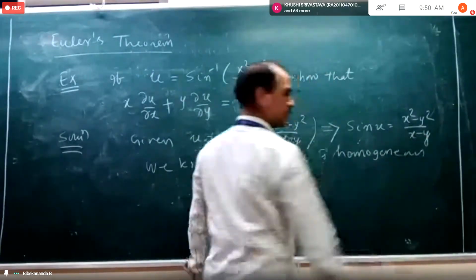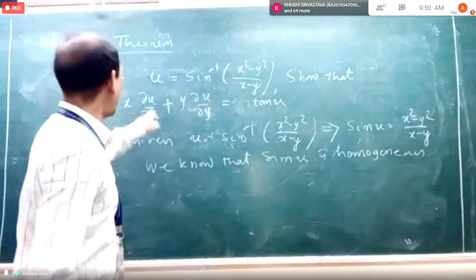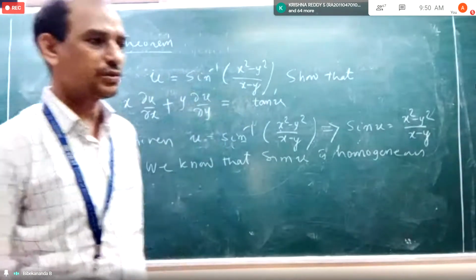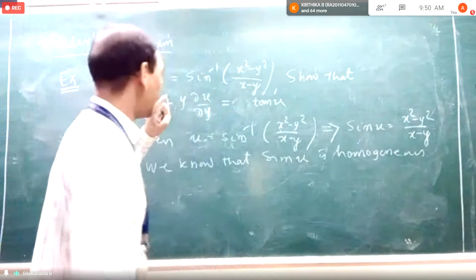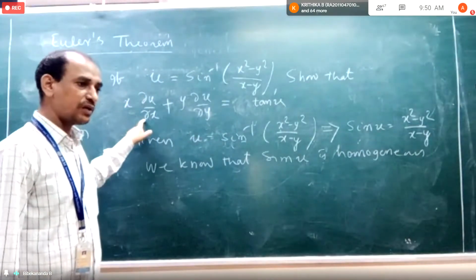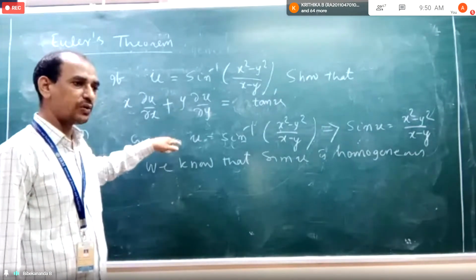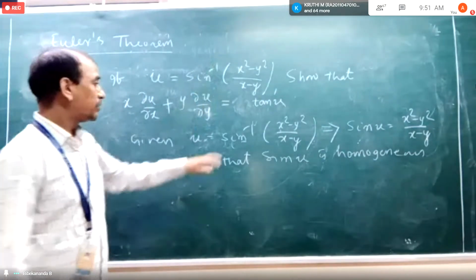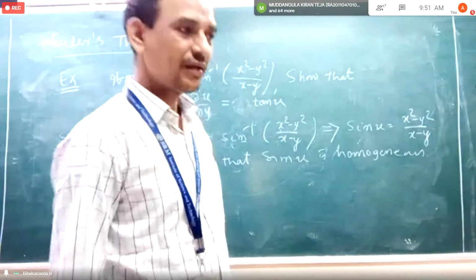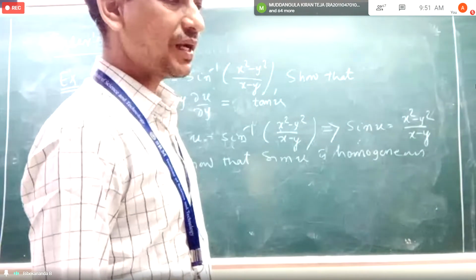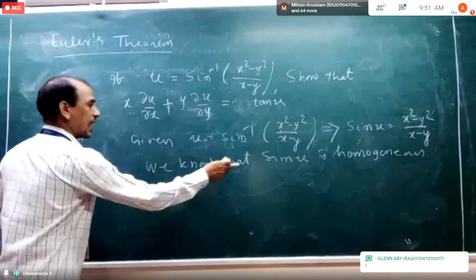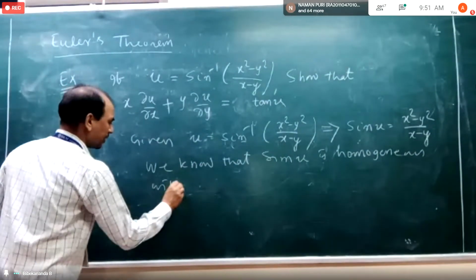If u is homogeneous, we write x into dou u by dou x plus y into dou u by dou y is equal to n into u. So here sin u is homogeneous with degree, what will be the degree? Degree 1.